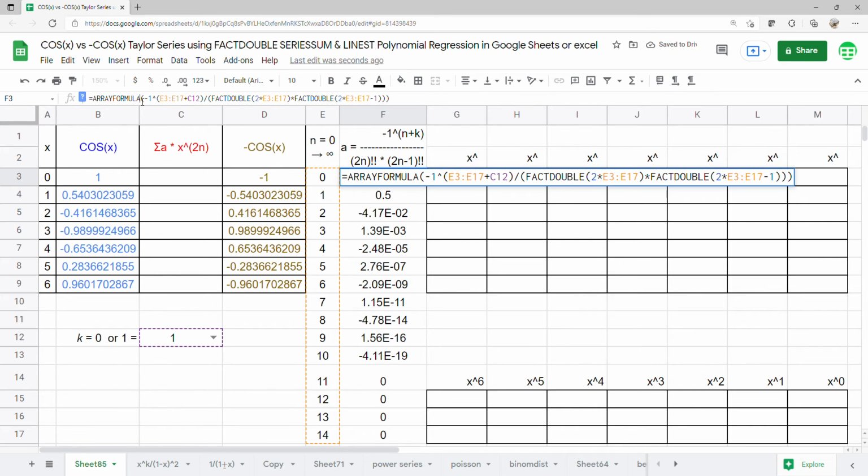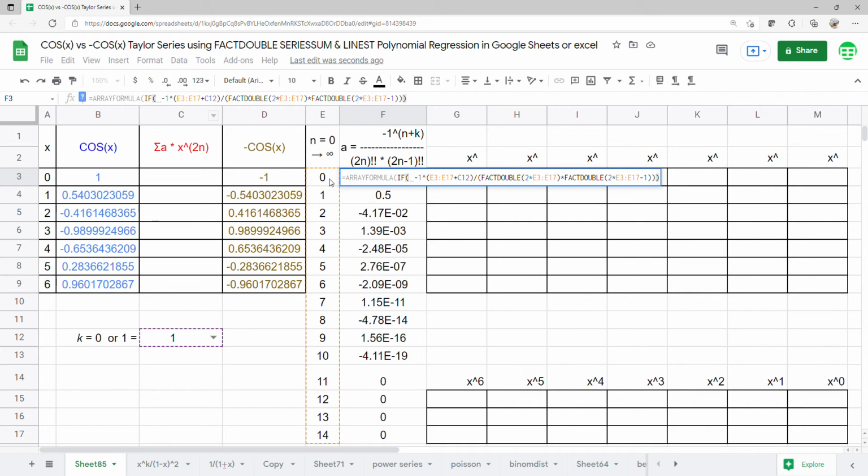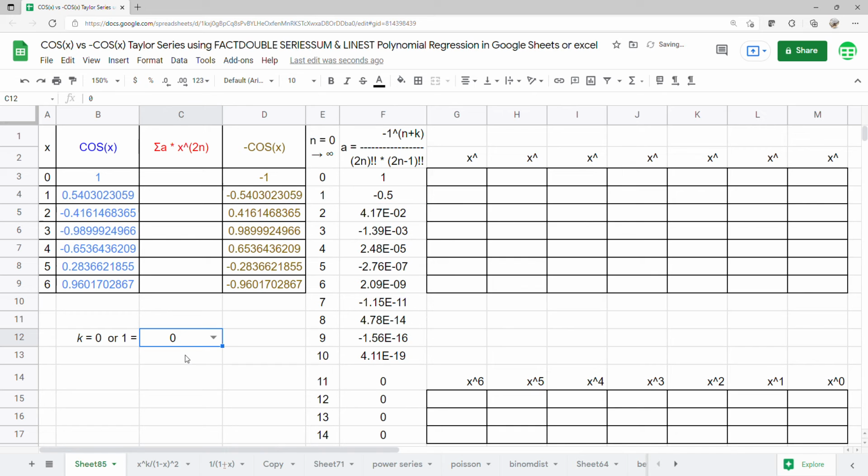So if n equals 0, then it is negative 1 raised to the power k. Otherwise, calculate. So at k equals 0, you have this value. At k equals 1, you have this value. The signs are alternating.